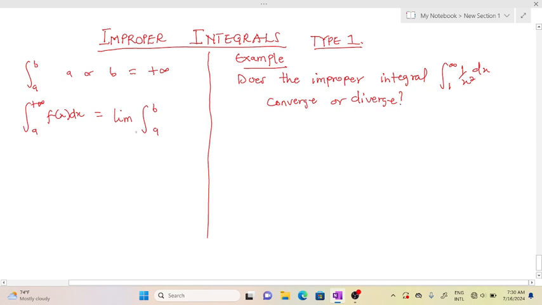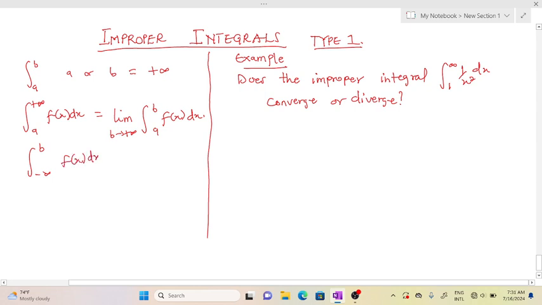You replace your infinity sign with an unknown variable, then you find the limit as that unknown variable approaches positive infinity of the integral of f of x dx. Now, the next scenario is when you are summing from negative infinity towards a point b.